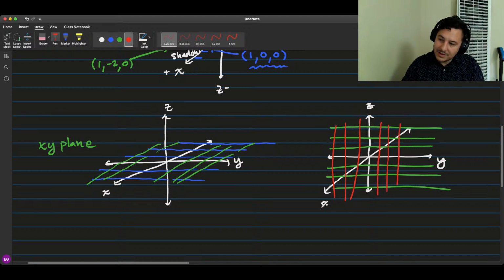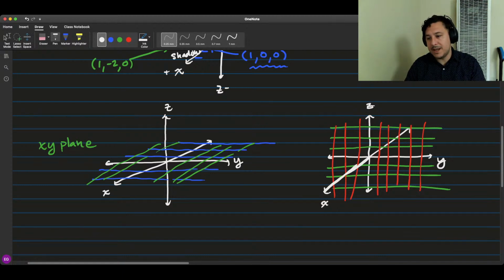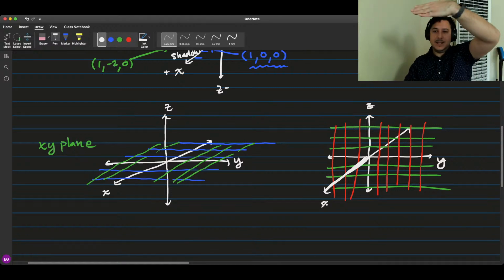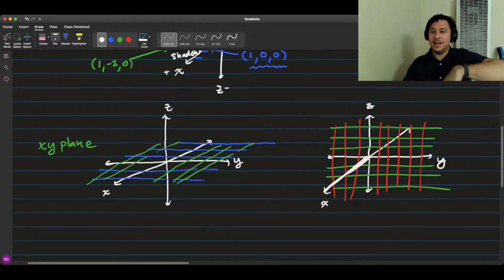It's a little hard, so actually what I should do is redraw this. Do you notice how the white line is on top of those lines, but the white line in the negative x-axis is behind them? That is the zy plane, or yz plane.